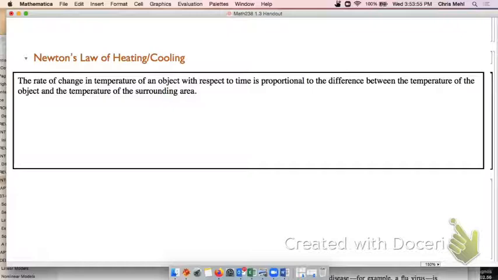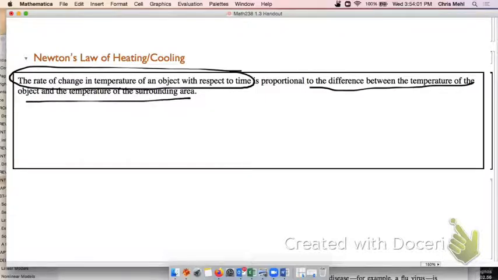Newton's law of heating and cooling states that the rate of change in temperature of an object with respect to time. Okay, again, that's telling me about the derivative of temperature with respect to time. We know that that's proportional to the difference between the temperature at time t and the surrounding area.